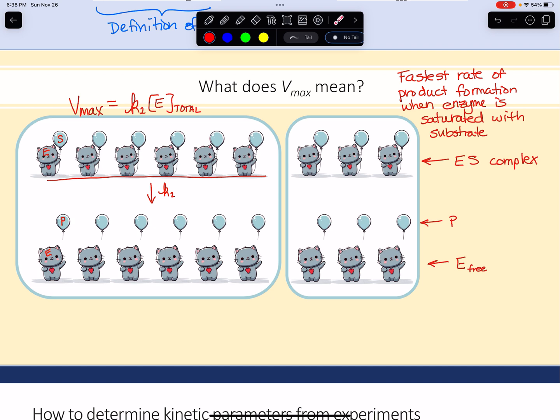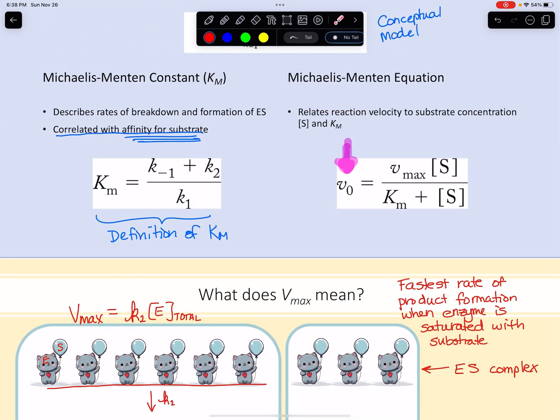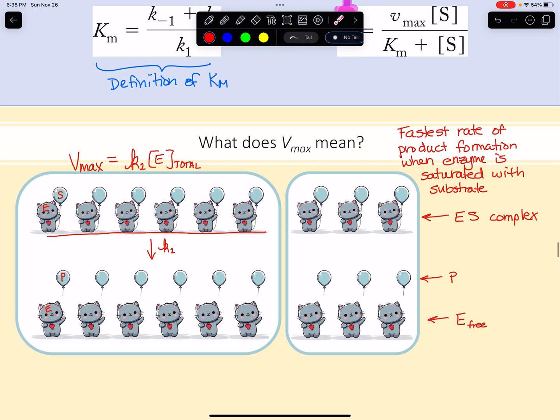So while we measure the V0 in the lab, we control the substrate concentrations, and by fitting our data to this equation, we can get Vmax and Km. Km is going to tell us about affinity for substrate. Vmax, okay, is related to how much enzyme is there and the catalytic rate constant.